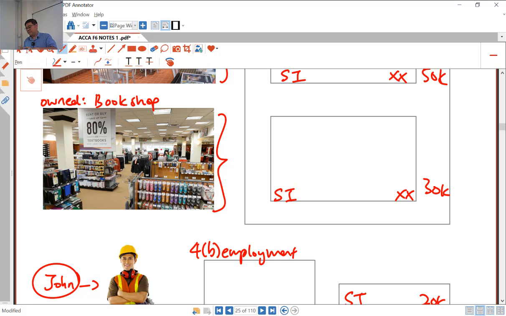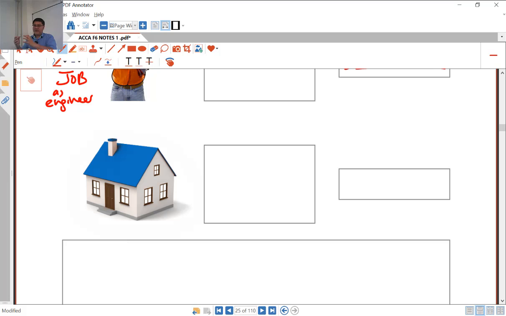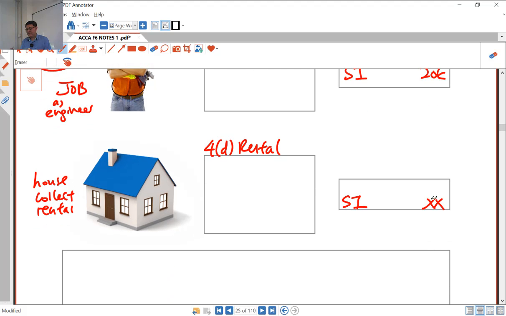Statutory income. So what you do now is, let's say you're so smart. Not only do you run a business, not only are you working, you take your extra money and buy a house. This house you use to collect rental. Because you collect rental, you have another source called rental source. And you also want to find the SI of the rental.